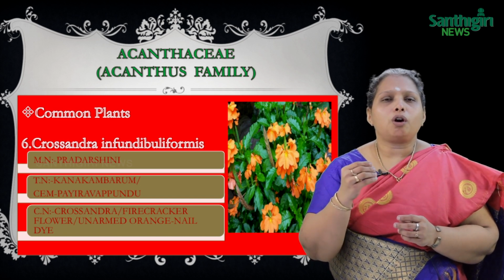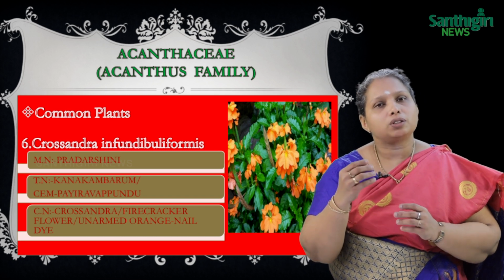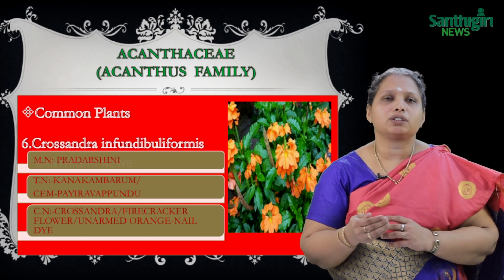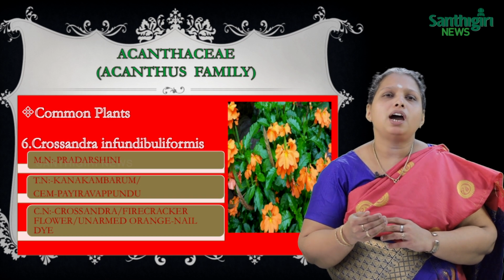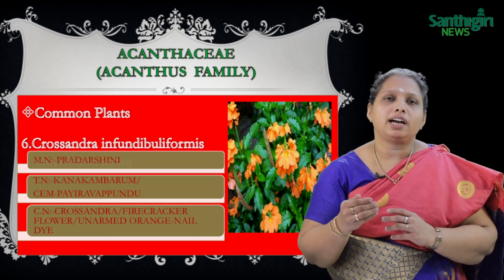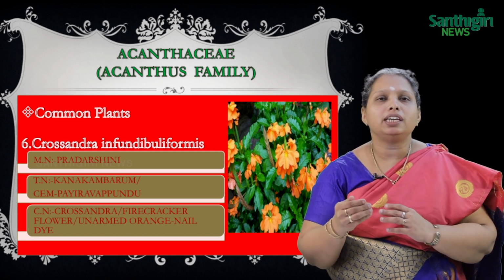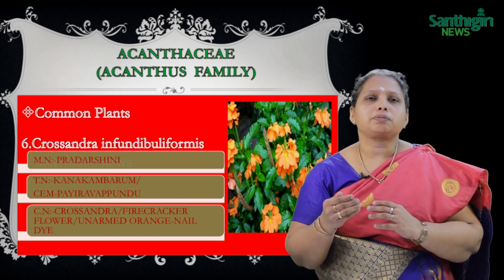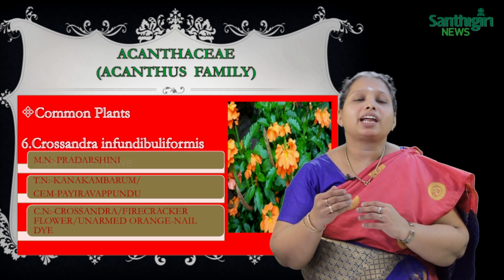The common name of Crossandra is Crossandra itself, and also unarmed orange nail dye plant or firecracker plant.